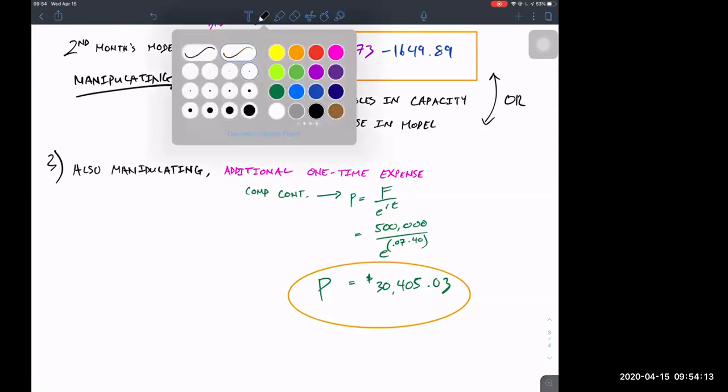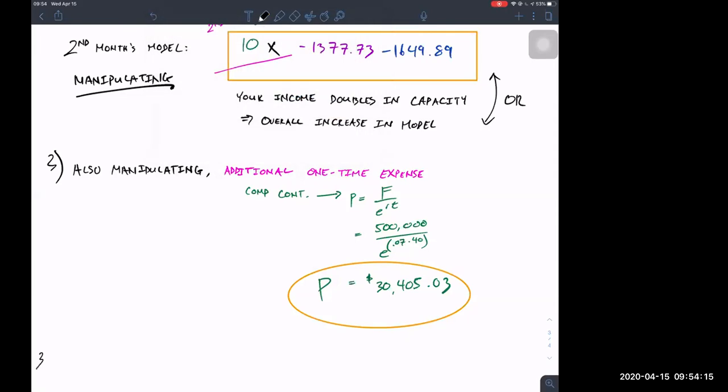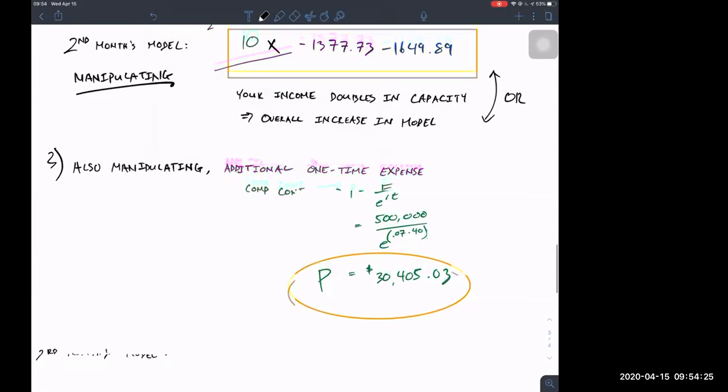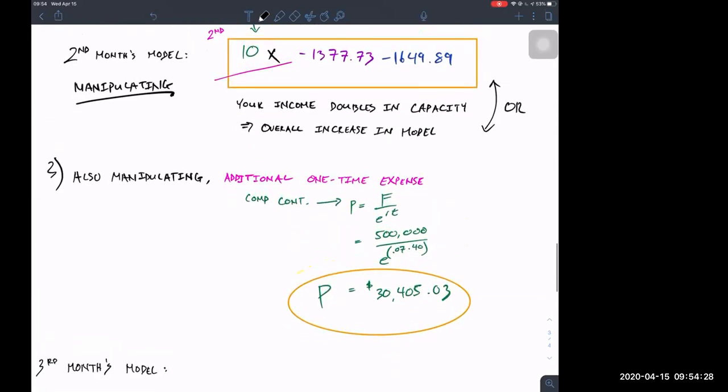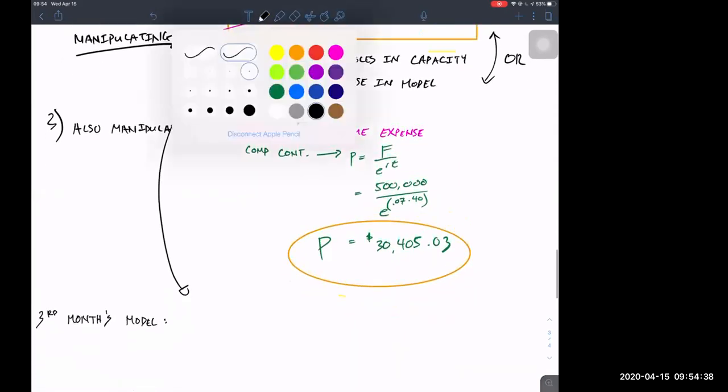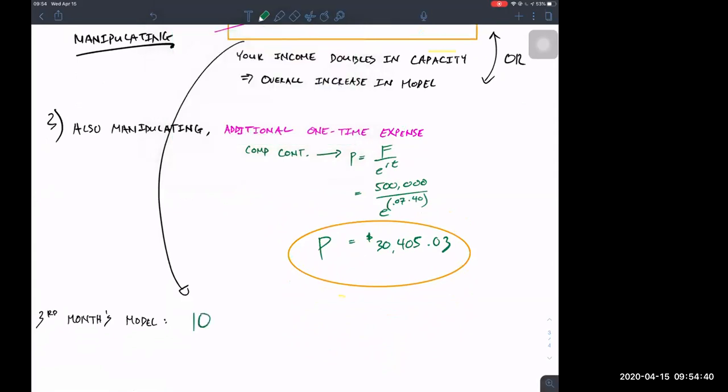So what's going to be the third month's model here? I'm going to write it down here on the bottom. Third month's model. And you know it's going to follow the same format right here, right? See where this orange box is here on top? We're going to drag that down and we're going to add to it. So then we still have that 10x, as I was mentioning earlier, right?